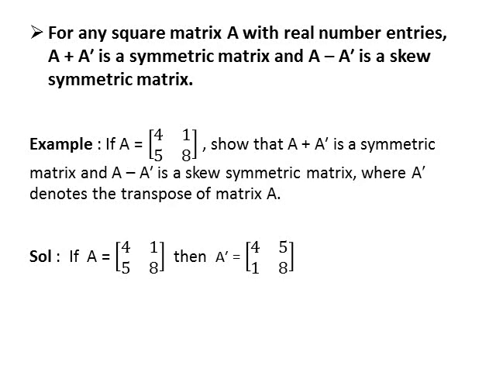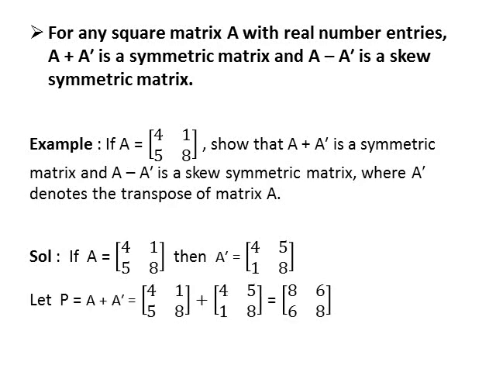as shown. Now, add the matrix A and the transpose of matrix A as shown. For convenience, we denote it by P. So, P is a matrix with elements 8, 6 in the first row and 6, 8 in the second row.